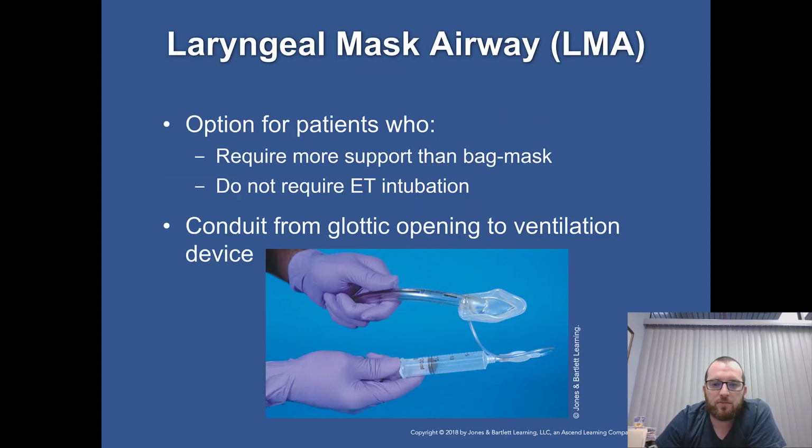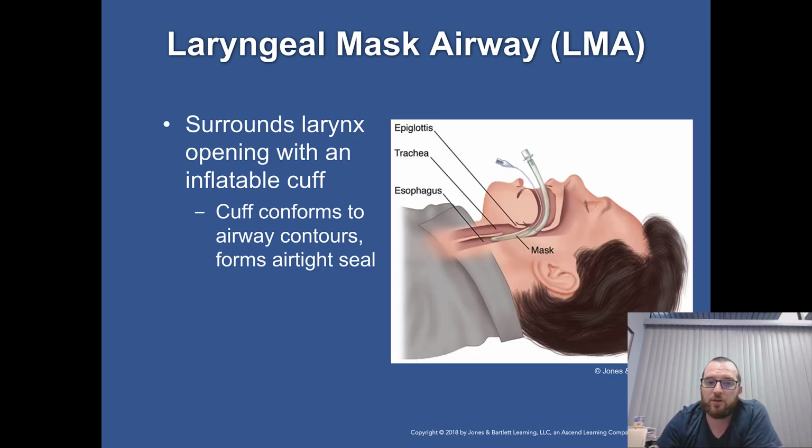All right, LMAs. They look like an iGel, but LMAs have an inflatable cuff instead of the solidified gel cuff, and the shape is really the same. You just follow the roof of the mouth as it curves down. Anytime you blind insert anything, the end of it is going to go into the esophagus, which is what you can see here.